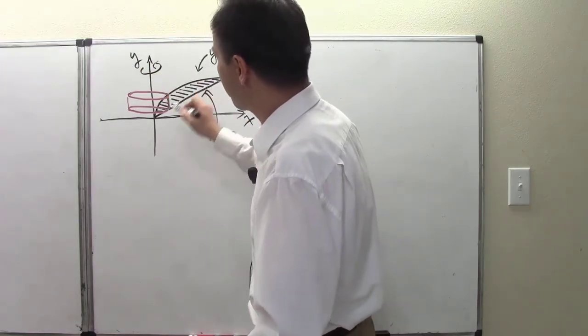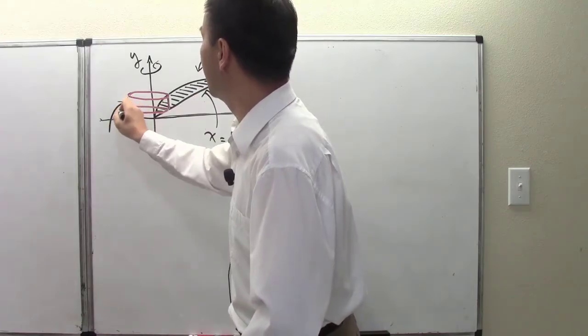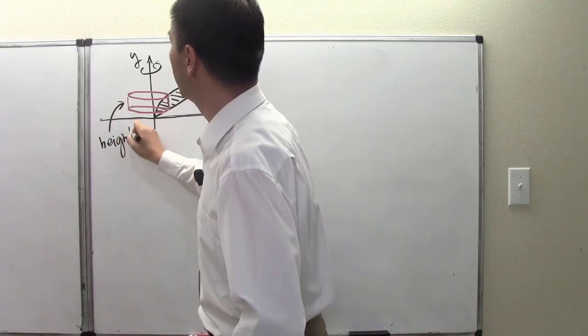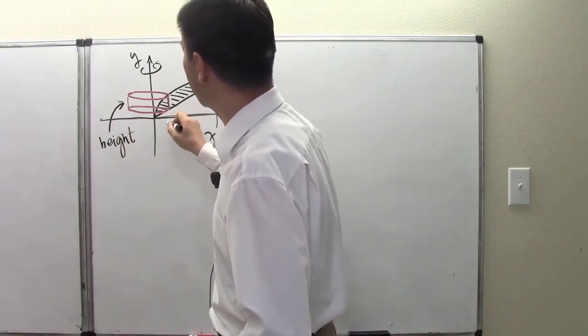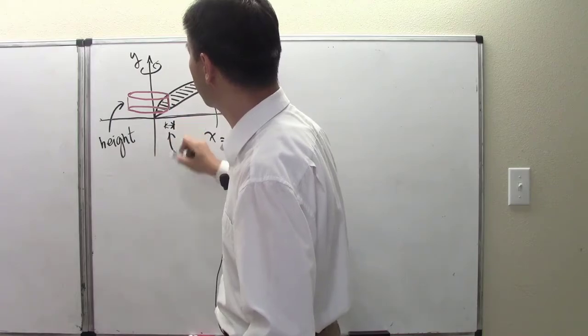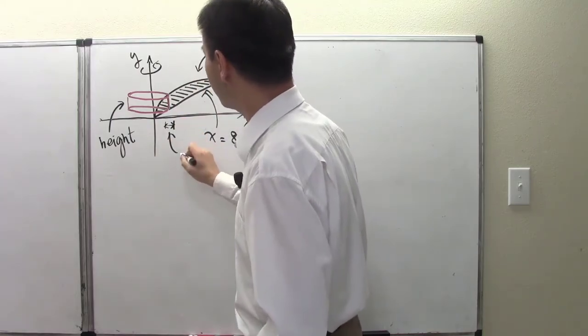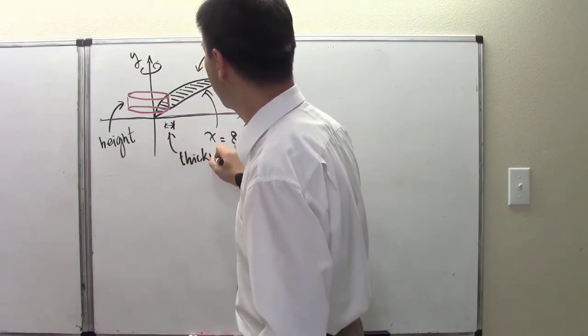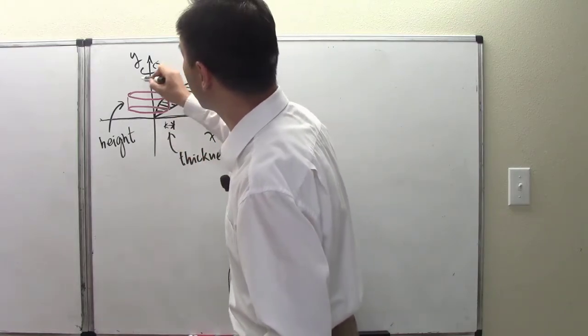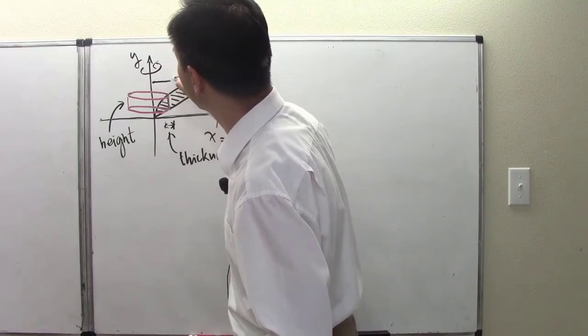And so now, this is the shell height, okay? This is the height of the shell, and each shell here has a thickness. And in the way we place the shell right here, this is the thickness. All right, and then each shell has a thickness, and each shell has a radius.